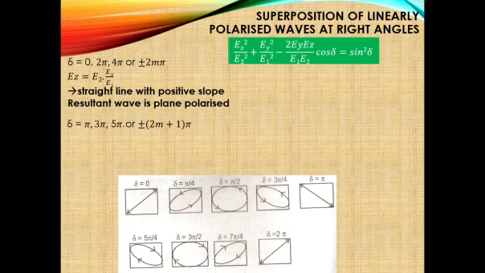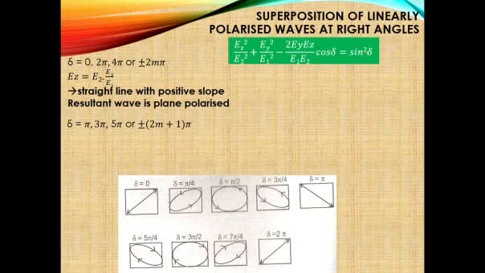Now let us consider the second possibility, where the phase difference can be 180 degrees, that is pi, or 3 pi radians, or 5 pi radians, or we can say those are the odd multiples. So you can represent it as plus or minus (2m plus 1) pi, which represents the odd multiple. So in that case, what is cos 180 or cos pi? It is minus 1, so it becomes a plus term.